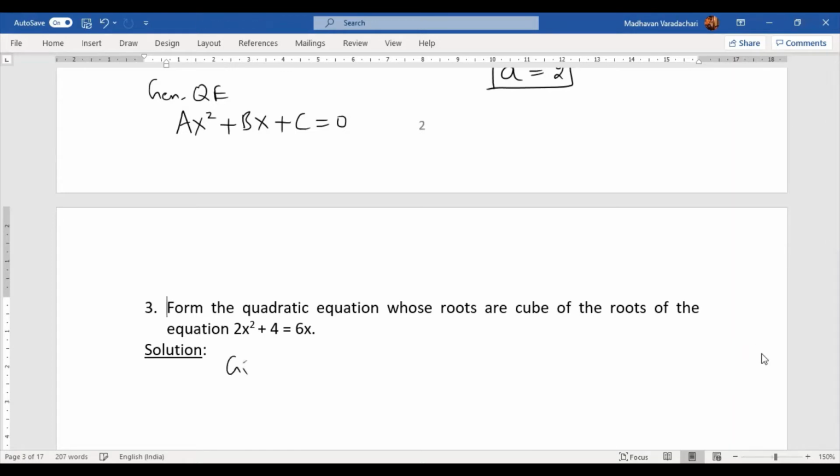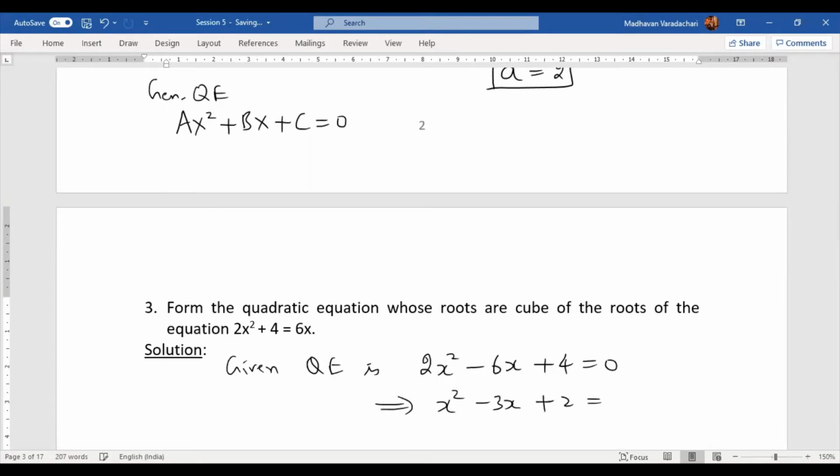Given quadratic equation is 2x square plus 4 equal to 6x. Let me bring that 6x to the left side. It will become 2x square minus 6x plus 4 equal to 0. I can simplify this by dividing both sides by 2 as x square minus 3x plus 2 equal to 0.